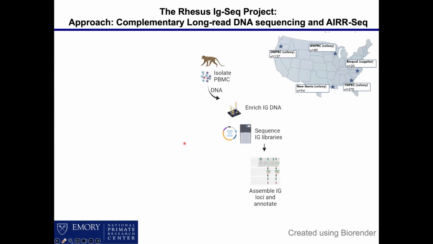And this was where we took all known immunoglobulin sequences from monkeys to date, built a substrate, and this was done in the laboratory of Corey Watson and Melissa Smith, built a substrate to enrich the immunoglobulin DNA, subject it to long-read PacBio sequencing, and assemble the IG loci and then annotate.